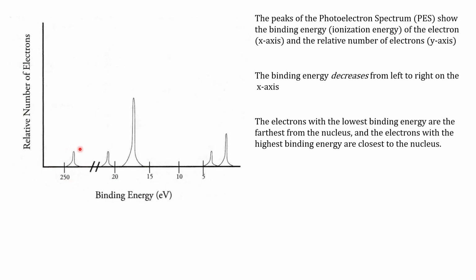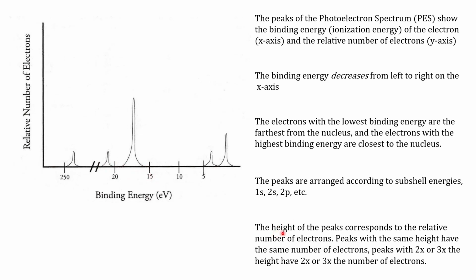These took a lot of energy to remove from the atom. So your peaks are arranged according to the subshell energies. So these are arranged according to 1s, 2s, 2p, etc. So we can identify these as 1s, 2s, 2p electrons.